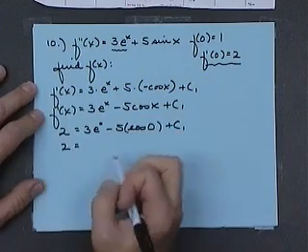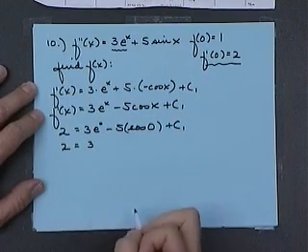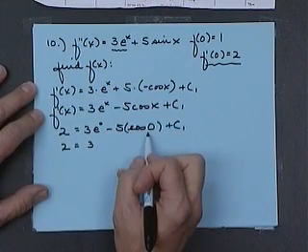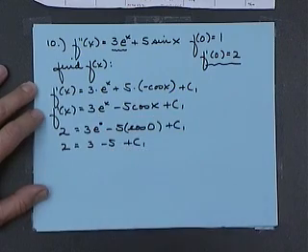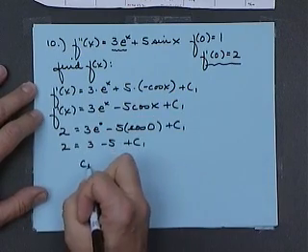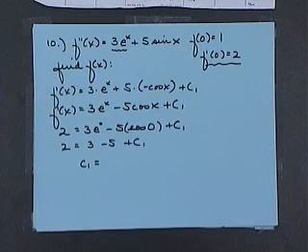So 2 equals e to the 0 is 1 times 3 is 3. What's the cosine of 0? 1. 1, so minus 5 plus c1.